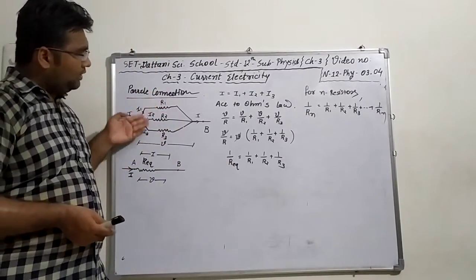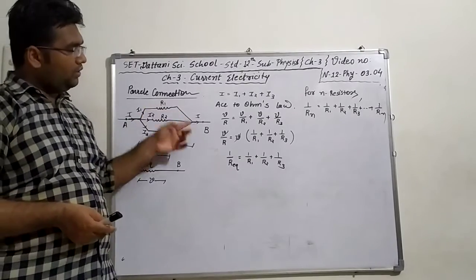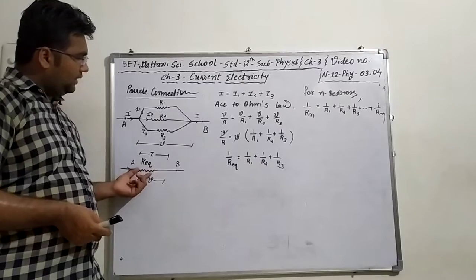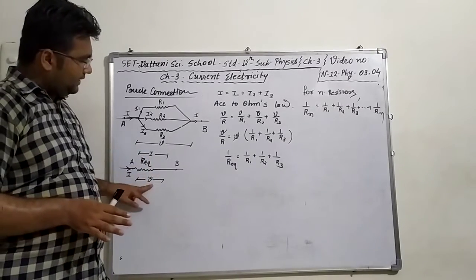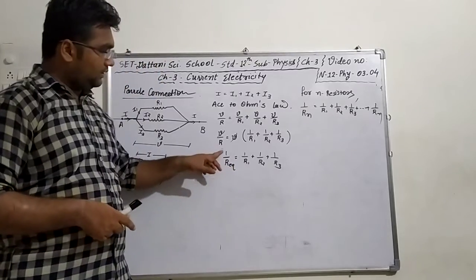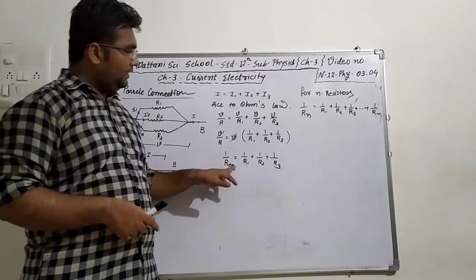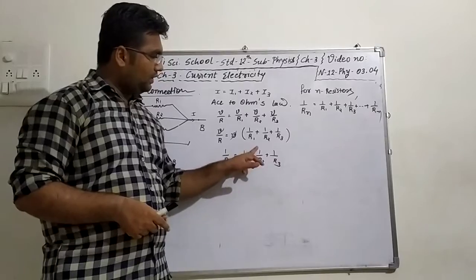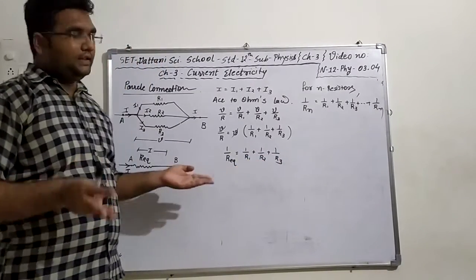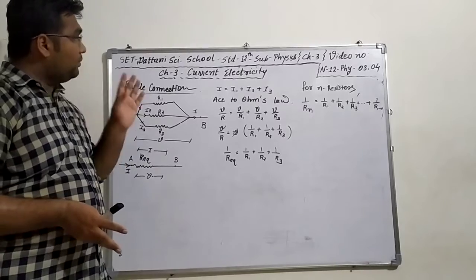If we remove all three resistances and connect this equivalent resistor here, then we get the same current and same voltage through this resistance. So that is called the equivalent resistance. 1 upon R equivalent equal to 1 upon R1 plus 1 upon R2 plus 1 upon R3. This is the formula for three resistors connected in parallel.